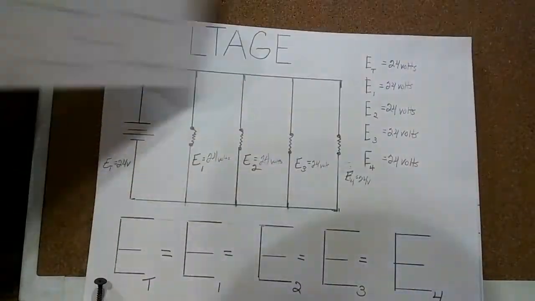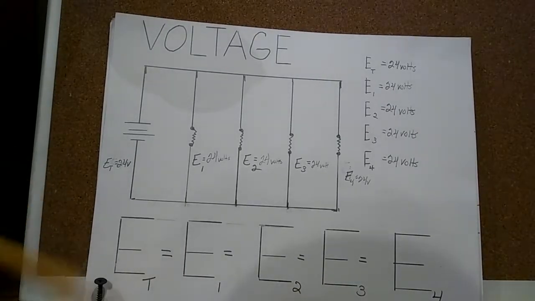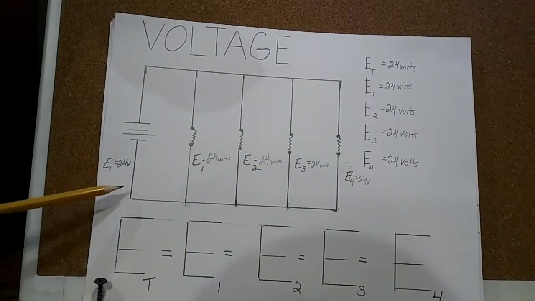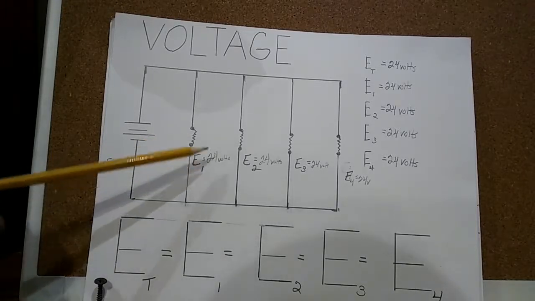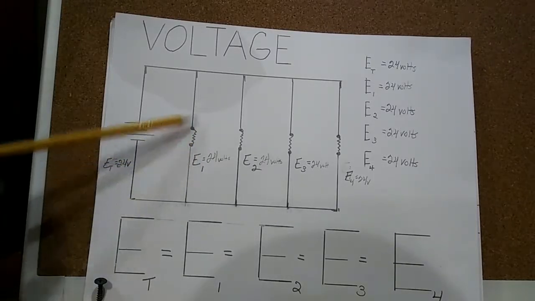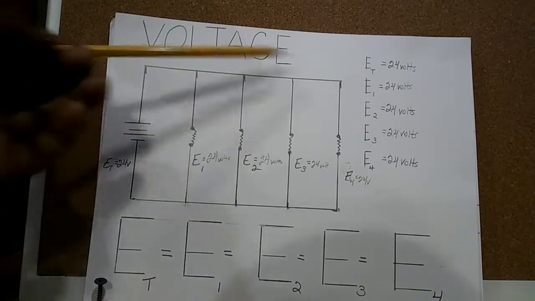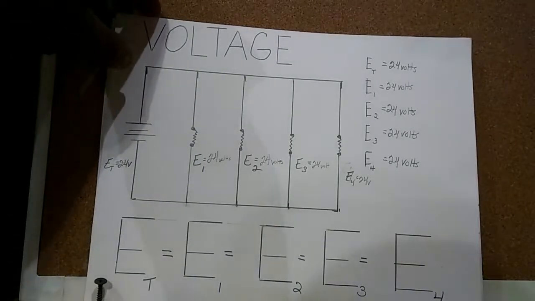Okay, now let's look at the voltage. As I said in the beginning of the video, the voltage is the same throughout the circuit. So if you had the total voltage, which is 24 volts, you know the voltage that's passing through resistor 1 is also 24 volts. So the voltage is the same throughout a parallel circuit.